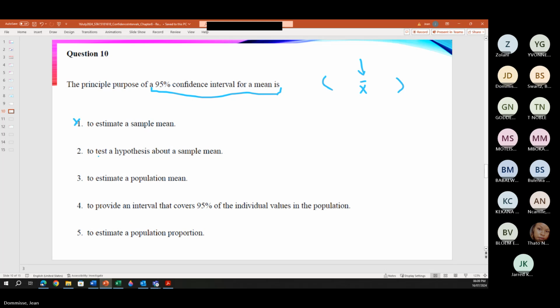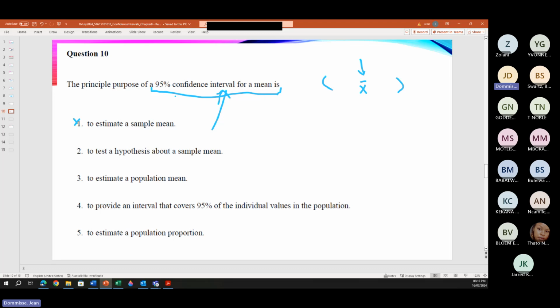no. Hypothesis testing we will get to in the next chapter, but it does not link to a confidence interval. Hypothesis testing is to tell us if something is similar or not similar to a sample mean.